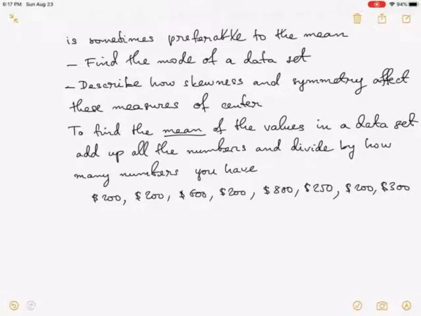So this is the price for a population of cell phones.